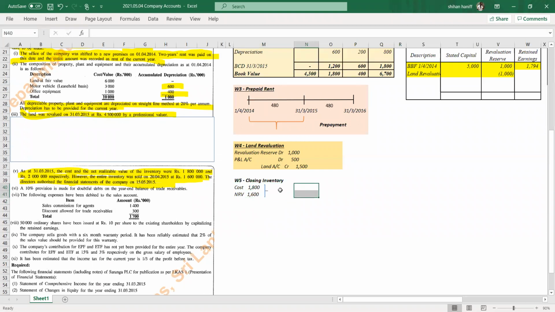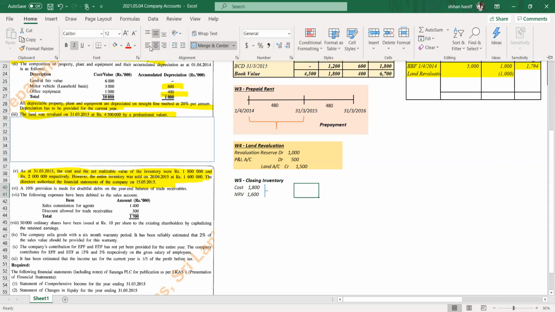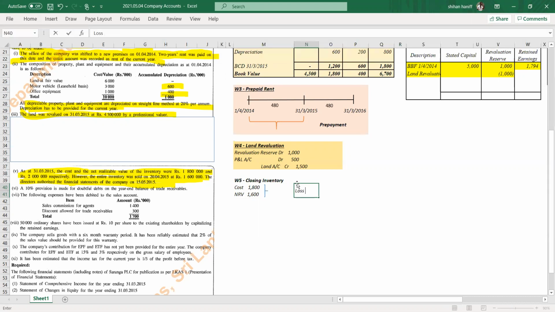So what is the loss? $200. Right? 1,800 worth of stock, you are selling at 1,600. Did I take wrong balance? No, first is 1,800.